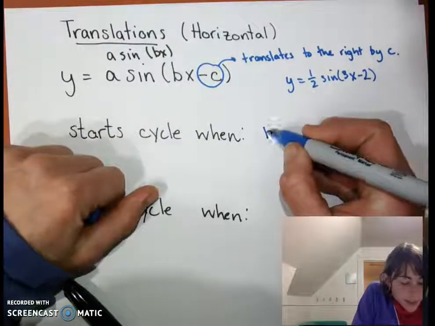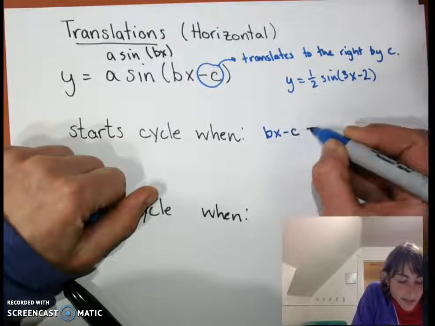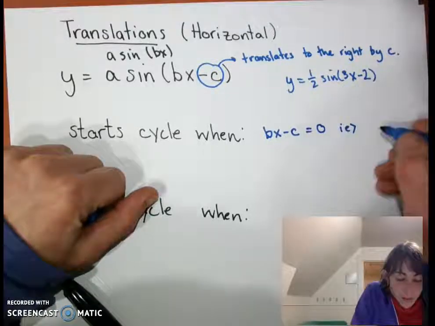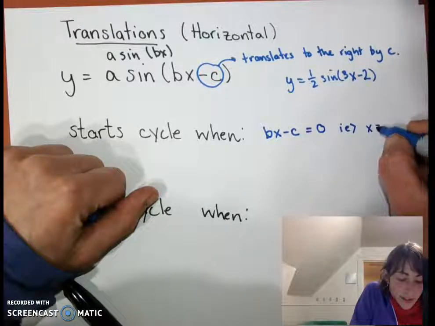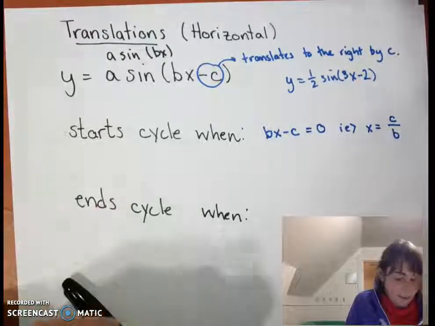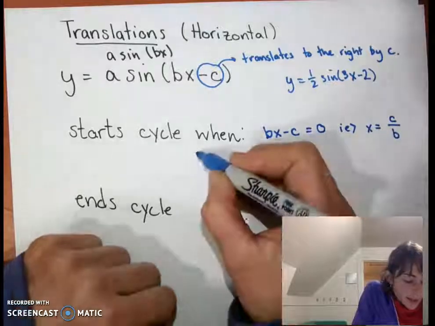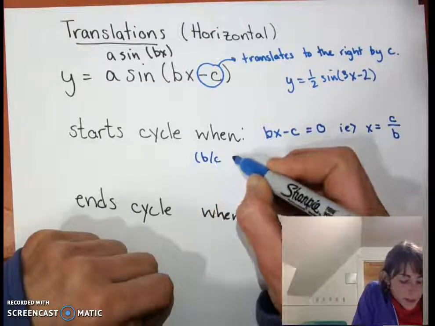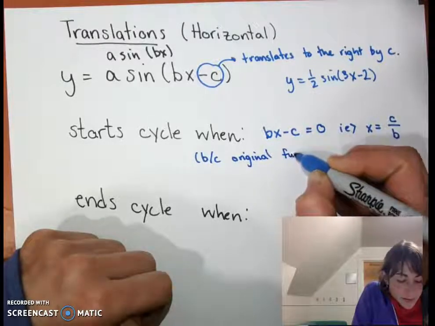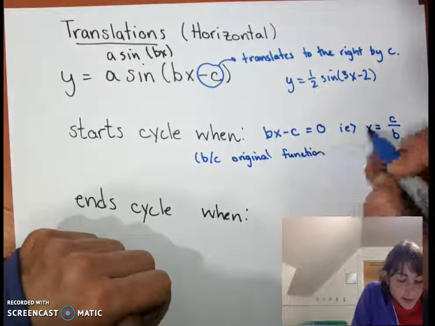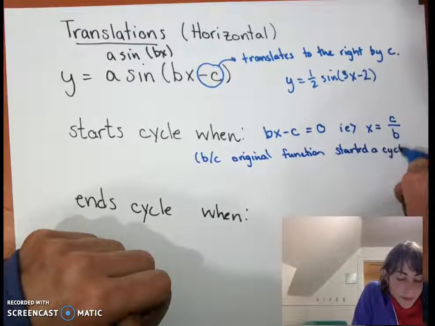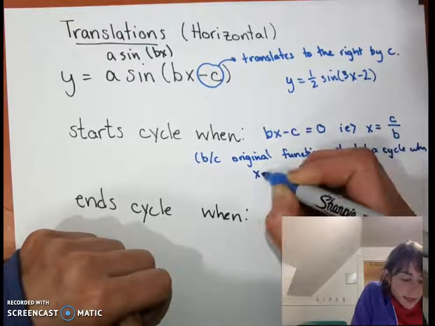So the new cycle starts when bx minus c equals 0, i.e. when x equals c over b. All I did was solve this equation for x. And this is just because the original function started a cycle when x equals 0.